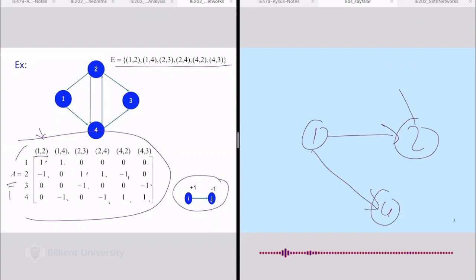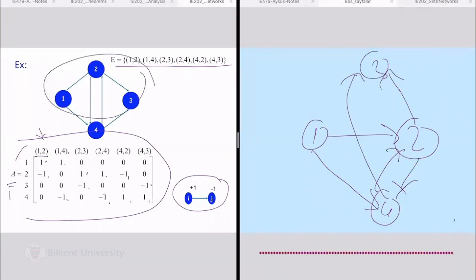Then there is a 2 to 4. What else? There is a 4 to 2, and there is a 4 to 3. This is how it looks. I drew it differently so that I didn't look at the picture. I just looked at the matrix and wrote the network from the matrix.